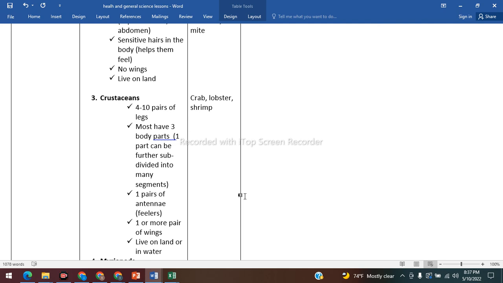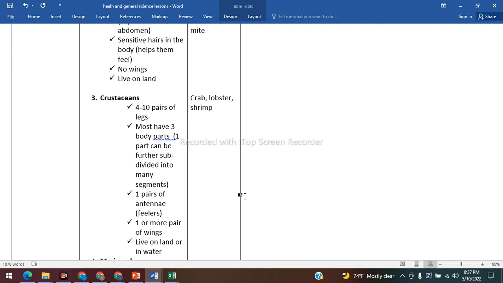Coelenterates. Brain coral. That's the coelenterates. Brittle star. That's the echinoderm. Echinoderm for sure.